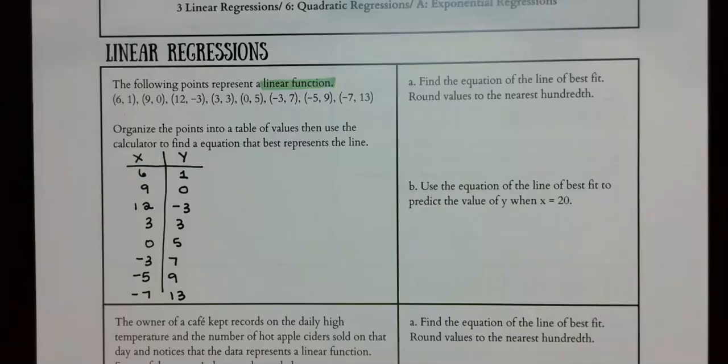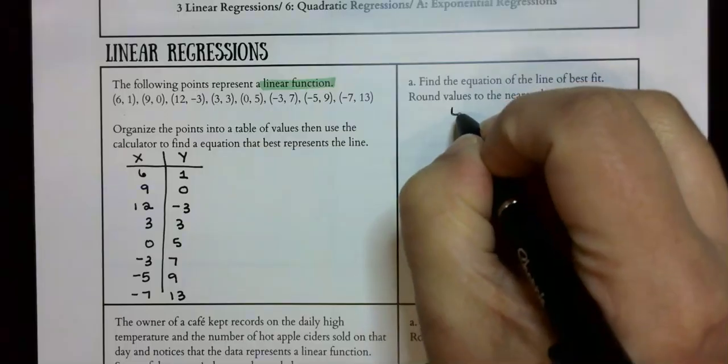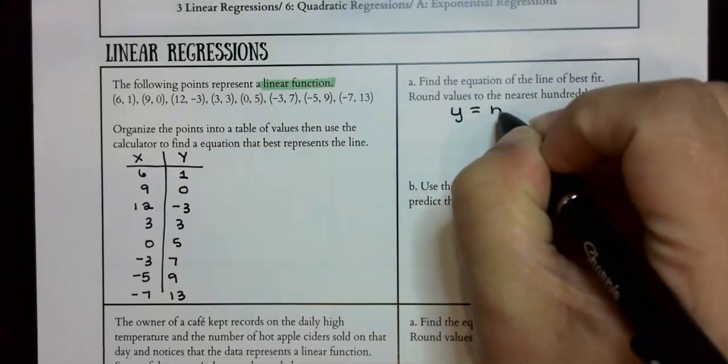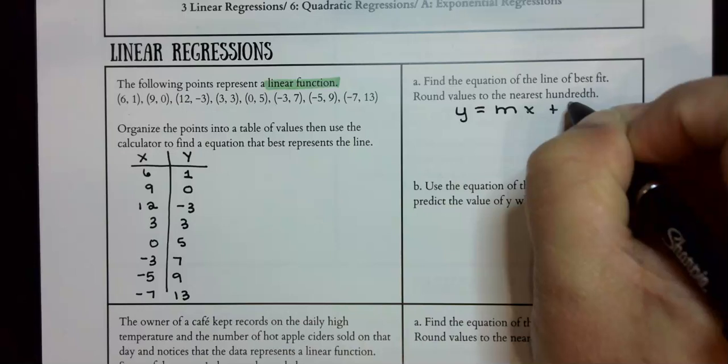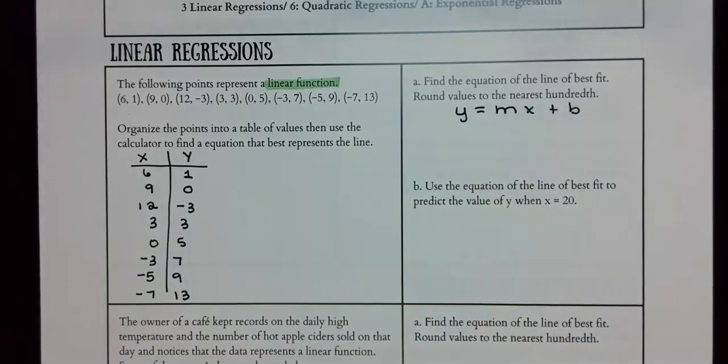Alright, so as you can see here, I did create my table. I did add my X and my Y values because this is what we're going to be doing on our calculator. Now, before I jump in and turn on the calculator, I do want to point out that because we're finding an equation to represent this linear function, our linear equation is going to be in this form right here, which is y is equal to mx plus b.